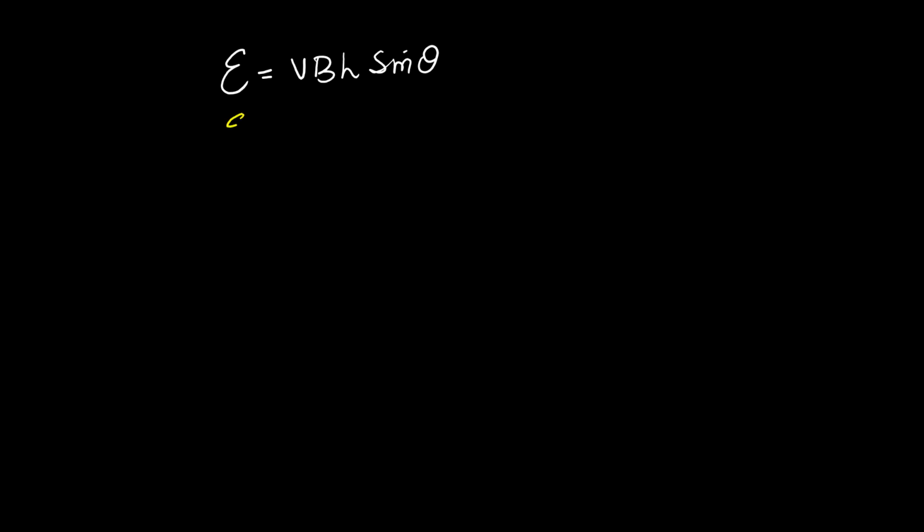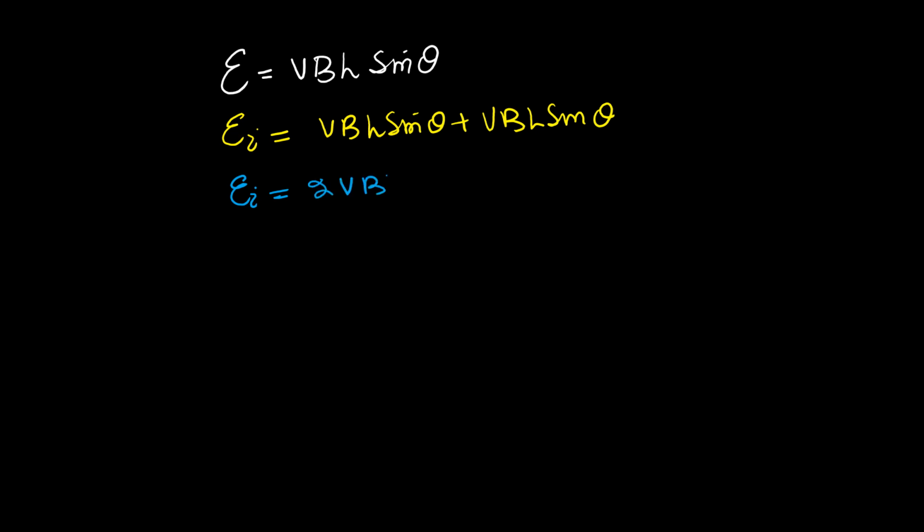So the induced EMF in the AC generator will be VBL sine theta plus VBL sine of theta. So the net induced EMF in the alternating current generator will be 2VBL sine of theta.